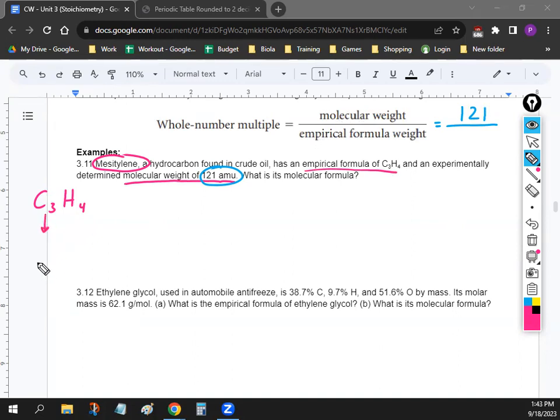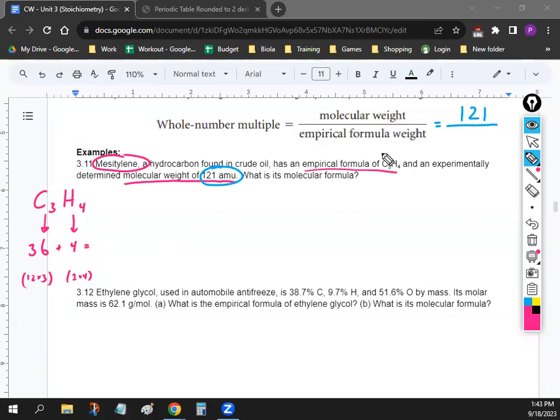Carbon is 12. If there are 3 carbons, what's the weight of just the carbons? 36, yes, 12 times 3. Hydrogen is just 1, and there are 4, so all the hydrogens are 4.